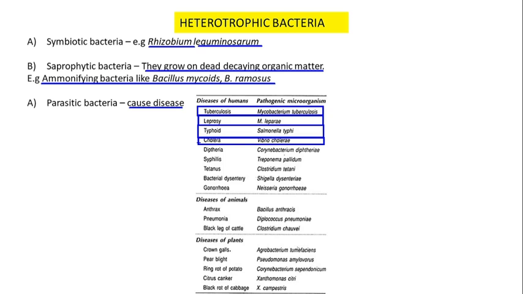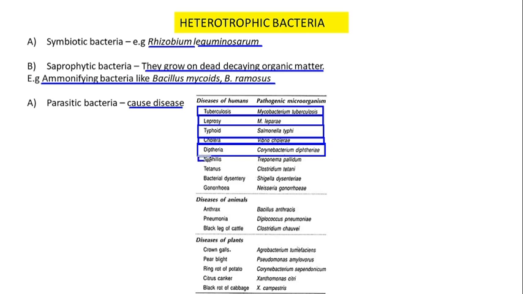It's a waterborne disease. Then we have diphtheria. Diphtheria is caused by Corynebacterium diphtheriae. In diphtheria, there is throat infection and swelling in the trachea takes place. Then we have an STD, a sexually transmitted disease.